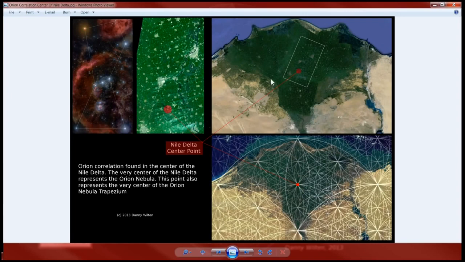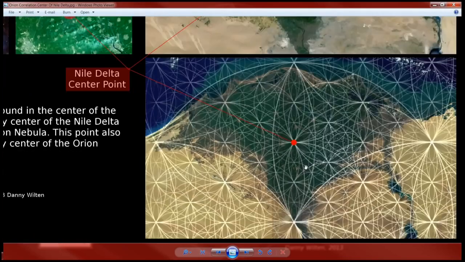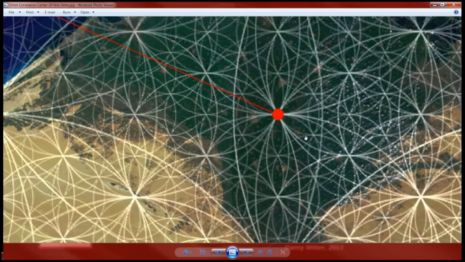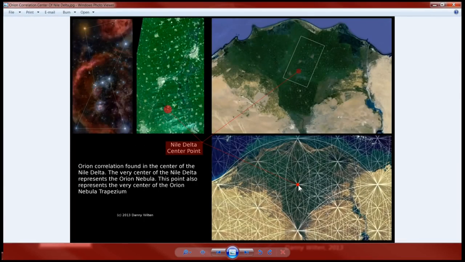What you're looking at right here is the dots. These red dots represent the exact same location, and you can see those three dots right there, and that's actually the very center of the Nile Delta.